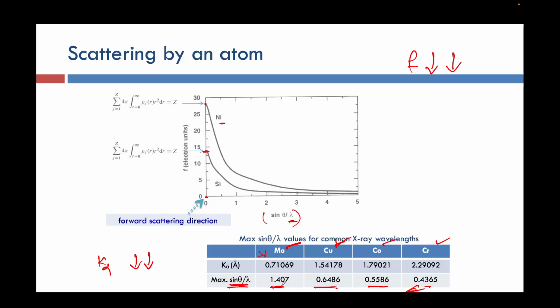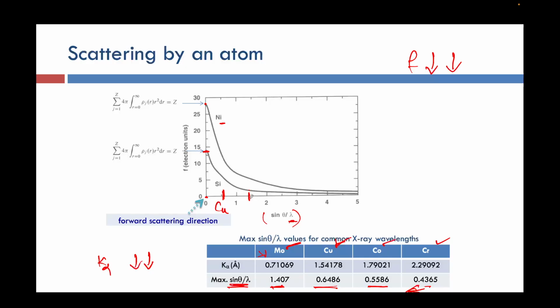If I put it into a graph, for copper, sine theta by lambda is 0.6486, so it will be somewhere between 0.5 and 0.6486, right? For molybdenum you see 1.407, which is somewhere around here.